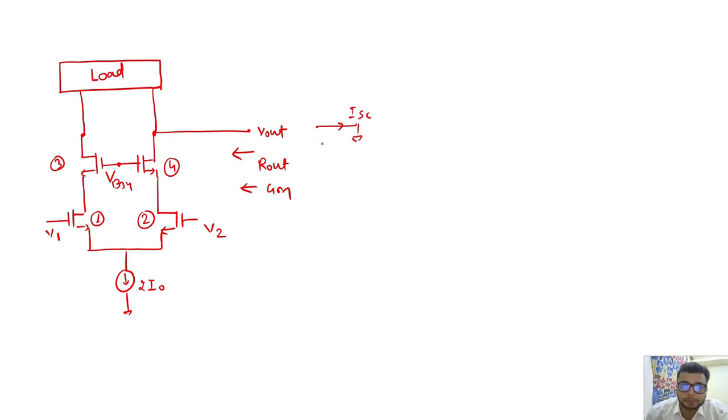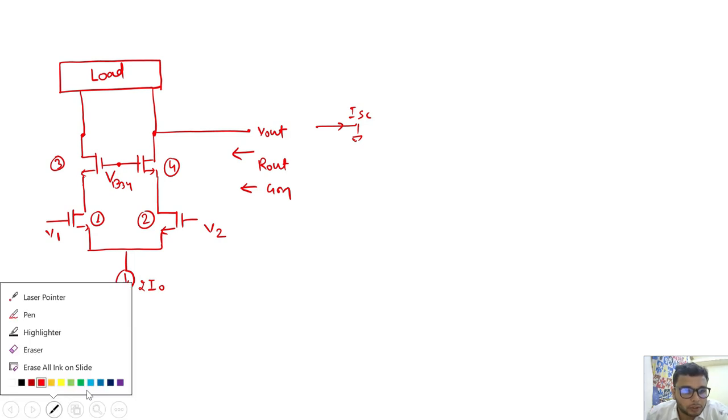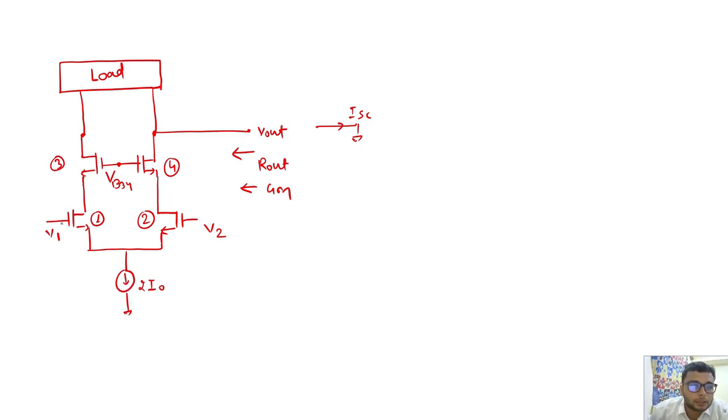The current generated by one input device is GM V1, and the current generated by the other is GM V2. From the previous discussion, we know that GM1 equals GM2 equals GM, meaning the GM of the input pair is the same.